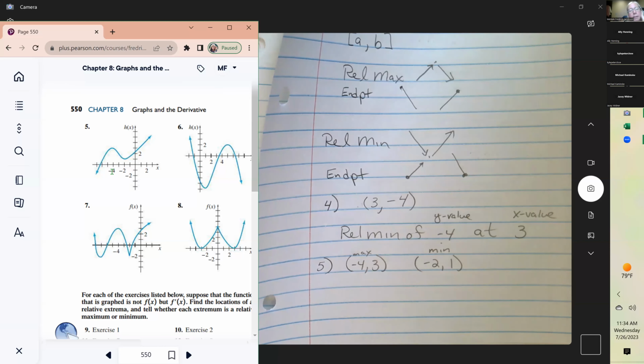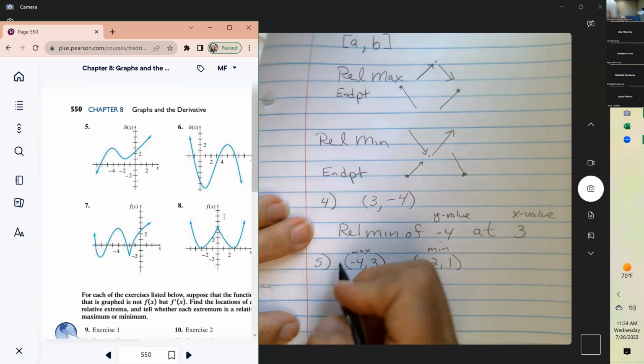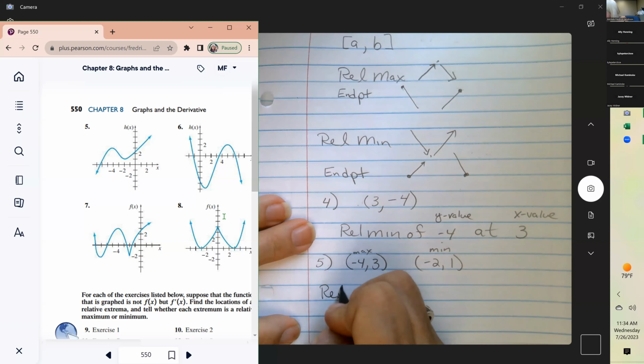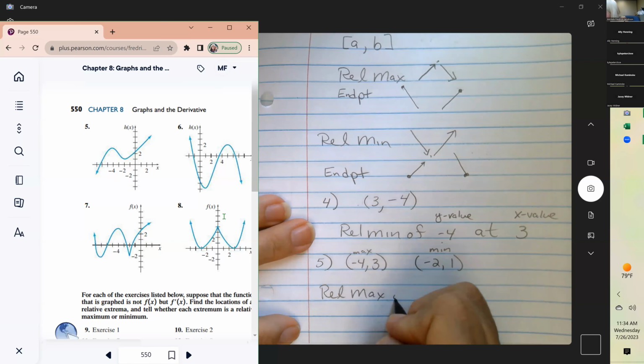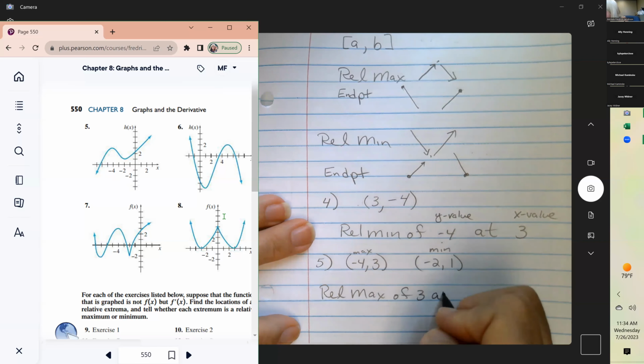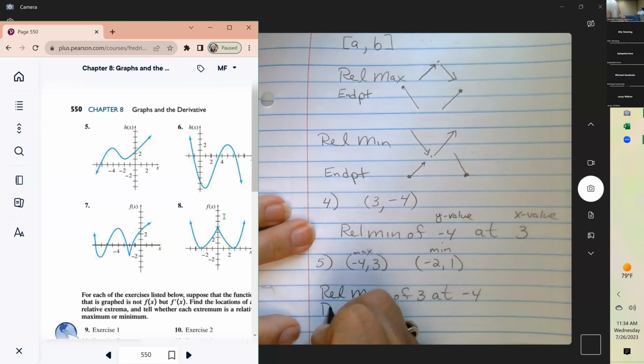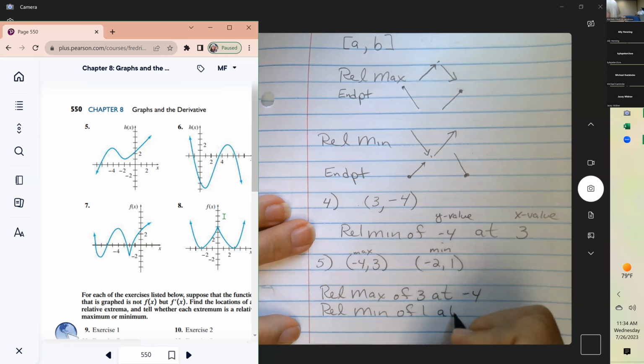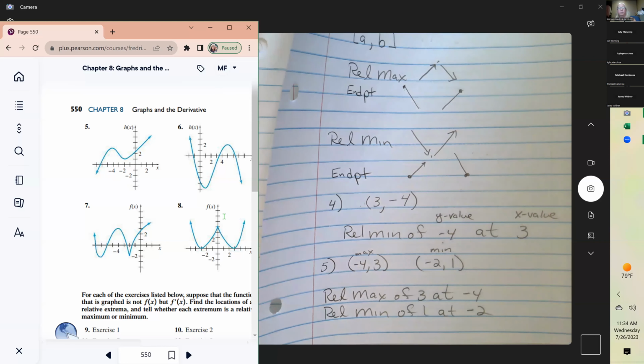So we said the -4, 3 is a max. A relative max of 3 at -4. And this one was a min, so there's a relative min of 1 at -2. Any questions on that?